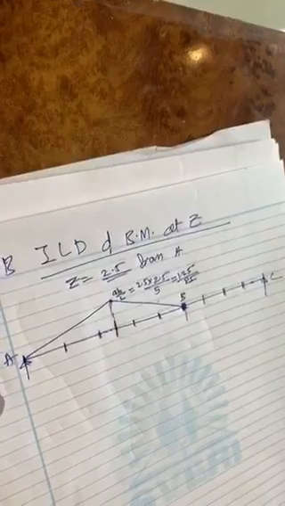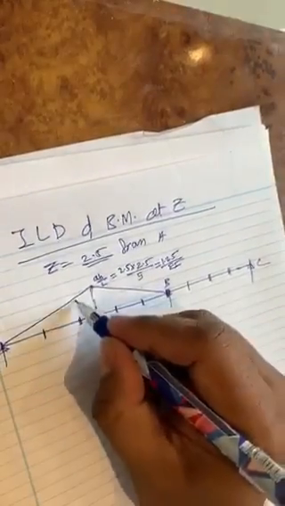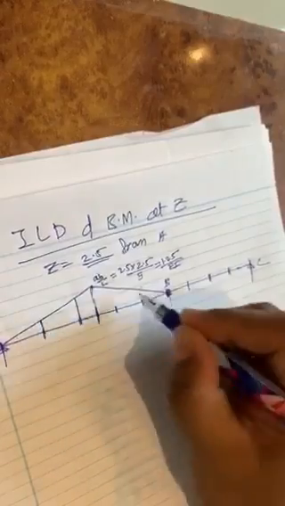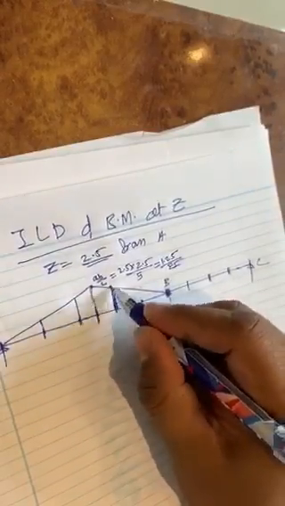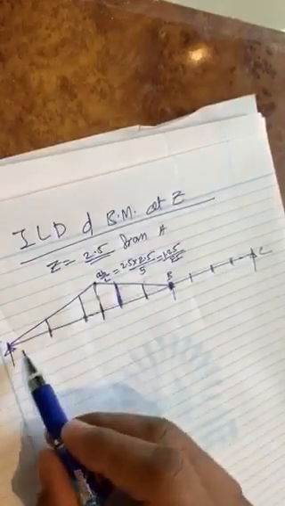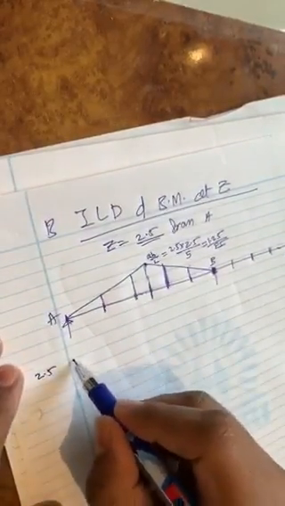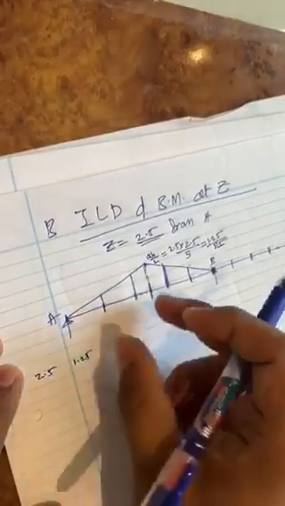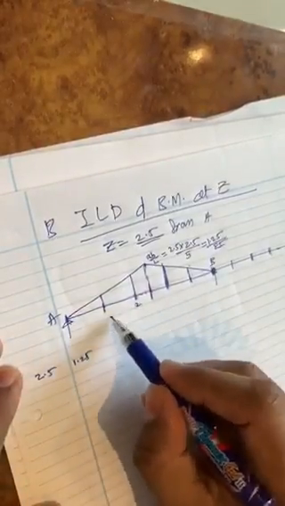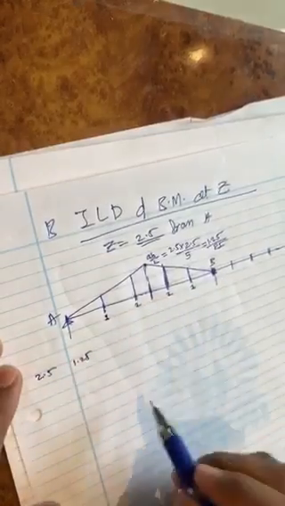Okay, so once you have this value, you have to find out the values at these intervals again. So how to find out? You can note here for 2.5 it is 1.25. Then what is it for 2 meter and what is it for 1 meter? From this side also it is 2 meter and this is also 1 meter.